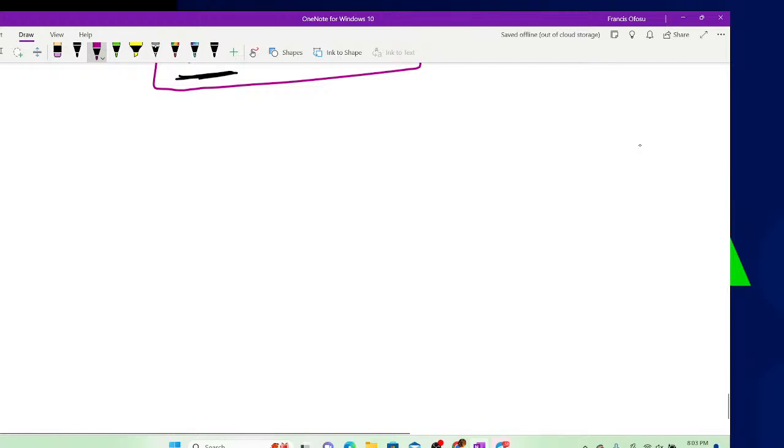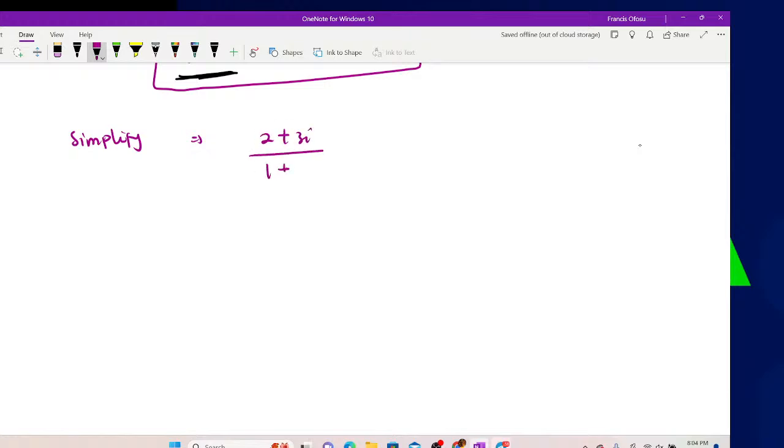So in our example, we are going to simplify the expression 2 plus 3i over 1 plus i. How do I simplify this? This is a simple division. I can do this by applying my conjugate.